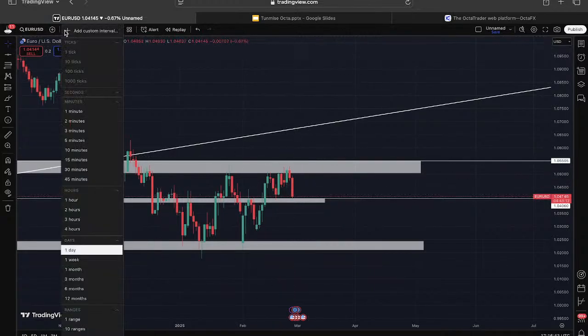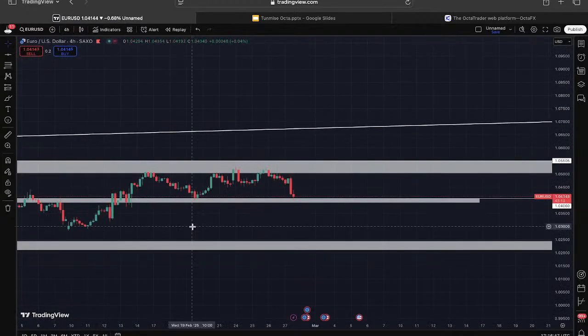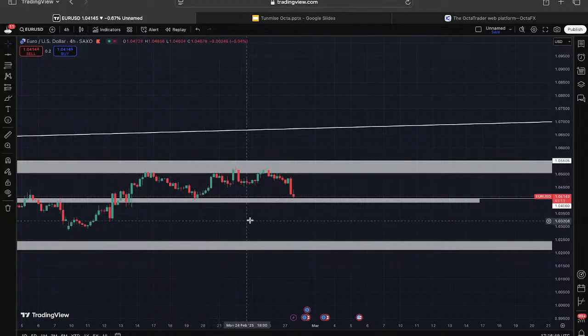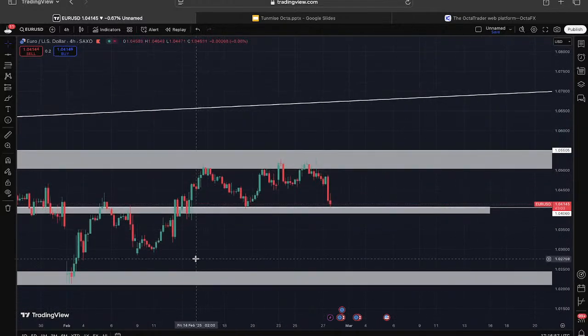So let's go down to the lower time frame, 4 hours. Now, the 4 hours is giving us a very clear picture of what is going on.